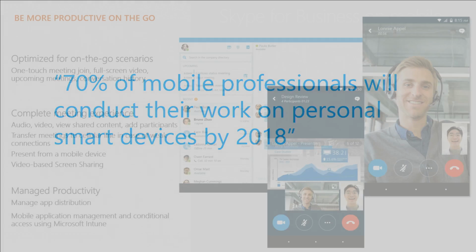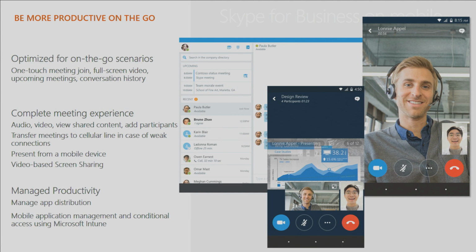So a quick look at where we are with respect to enabling mobility and on-the-go collaboration scenarios. As you can see, today we support Skype for Business mobile applications on all three platforms, Windows, iOS, and Android, on both phones and tablets.